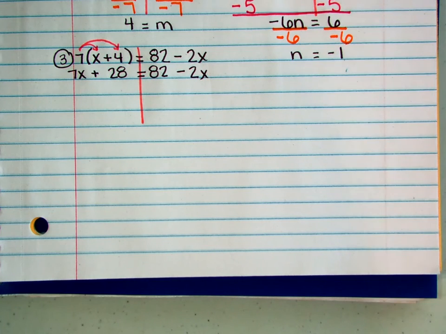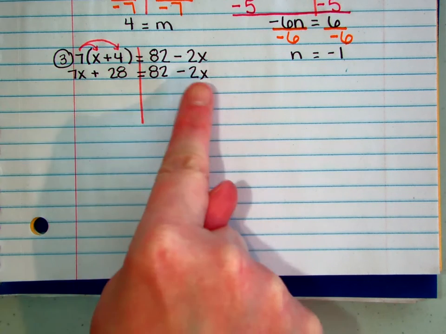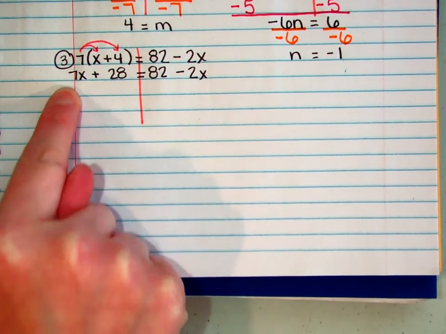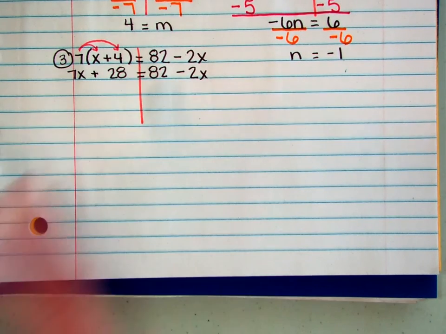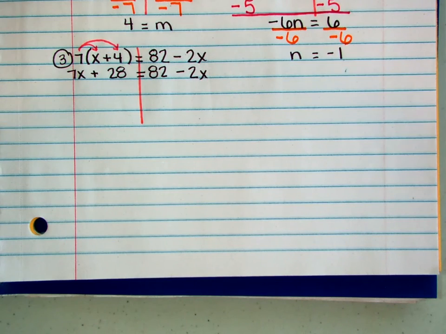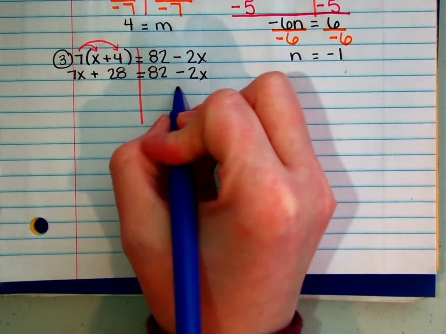Okay, now we need to start moving all variables to one side, all constants to the other. Hopefully you're noticing it's going to be easier to move this minus 2x to the left-hand side and the 28 to the right-hand side. Now, once you get good at this, you can do them both at the same time, but we're not going to do that today. Let's start with the 2x.